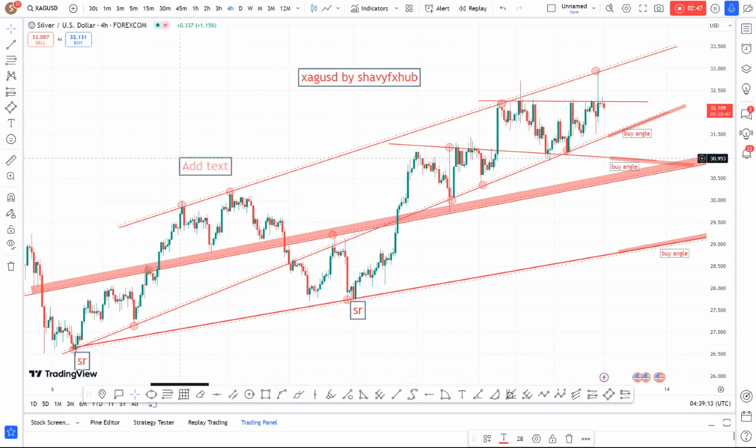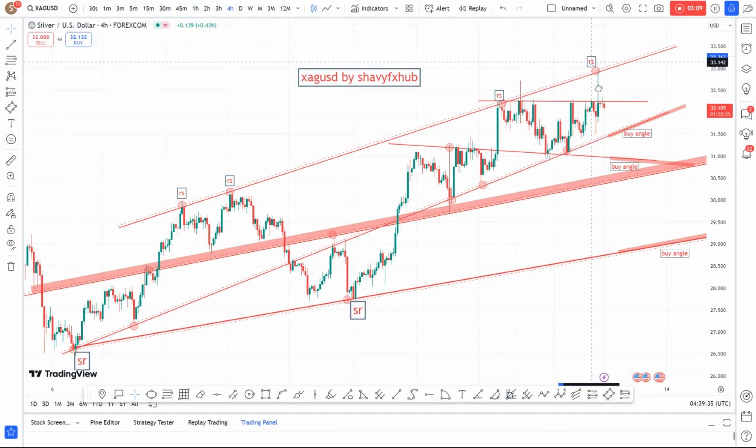And from the roof side, RS, we will also be watching critically how price makes its way into the roof, with an ascending trend line which has held price firmly. Every time price touches the roof, it's always a massive sell.